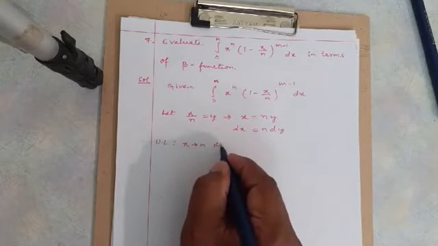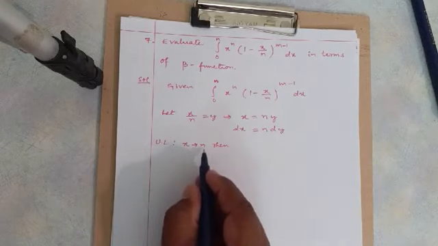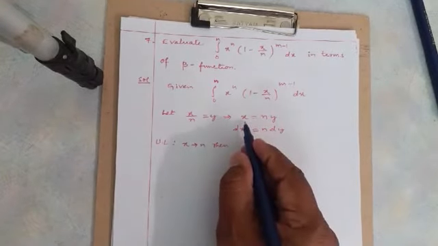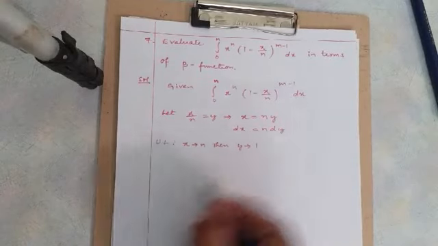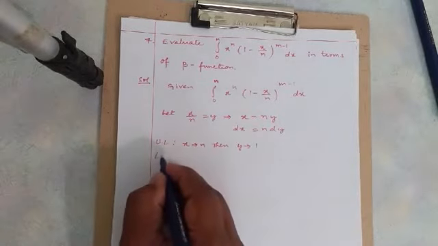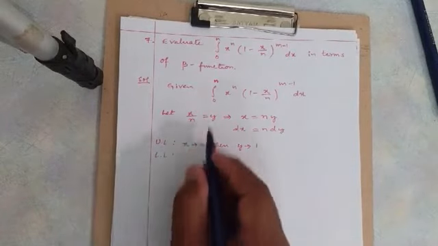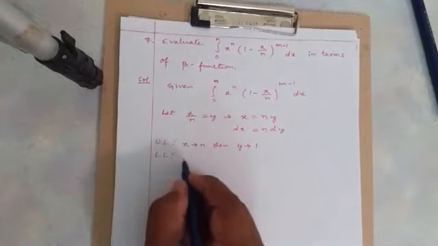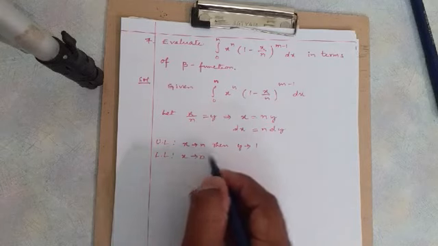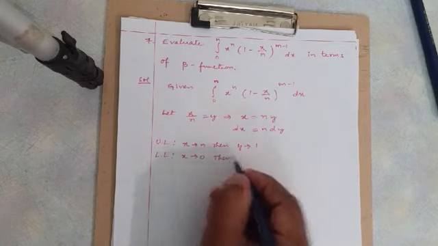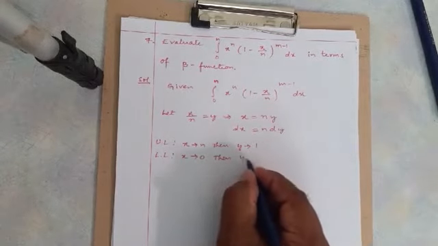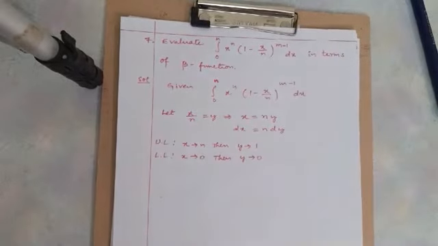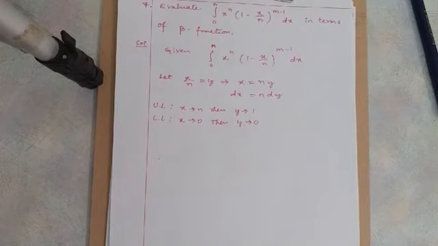Then when you substitute, n gets cancelled, so y tends to 1. In the same way, the lower limit is 0: if x tends to 0, then y tends to 0. So the limits you got are 0 and 1.